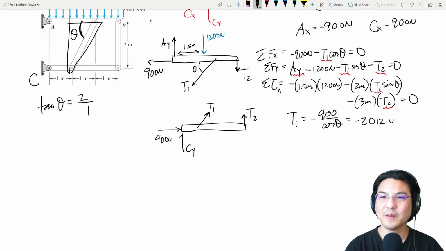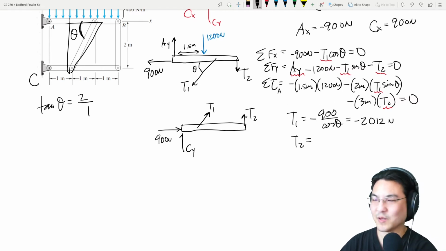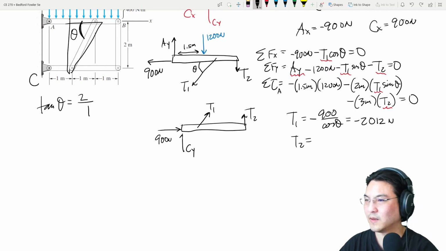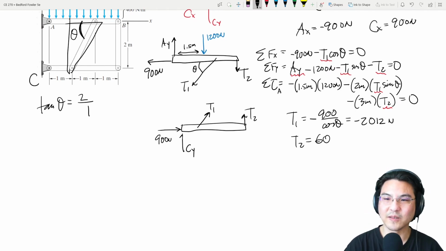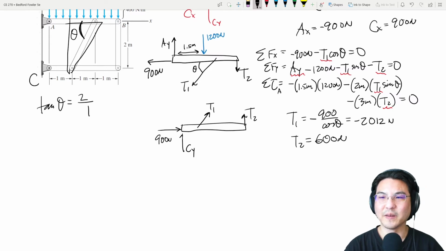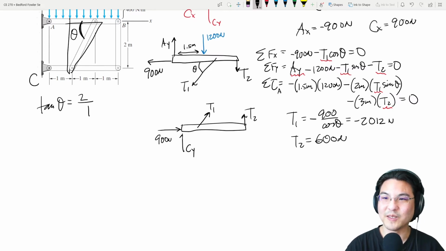Okay, and then we can take that and plug it in here and solve for T2. So that's this divided by 3. Let me punch that in the calculator. Okay, so that's 600. And then we know T1 and T2, so see right here, we can plug that in and solve for AY.